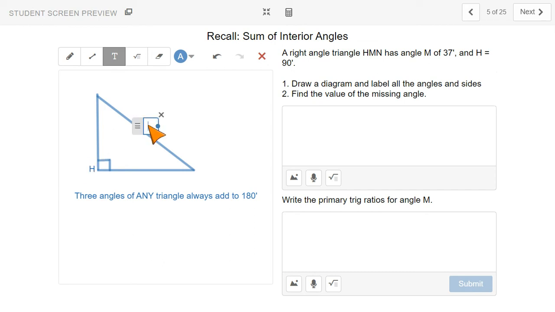Across from H, we have little h representing the hypotenuse. Angle M is 37, and across from angle M, we have the corresponding side, little m, and finally we have angle N and side n.